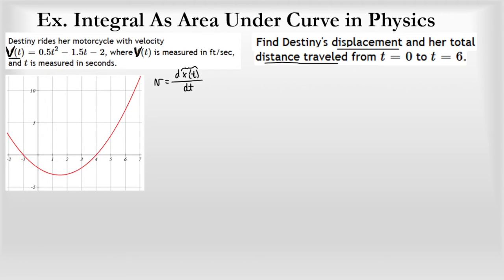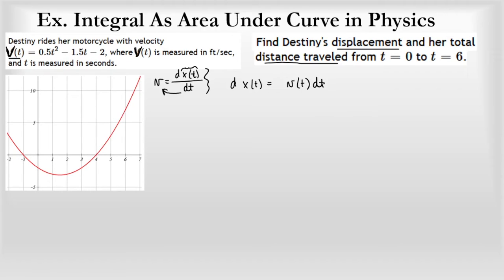So what I'm going to do with this definition of velocity is a little bit of algebra. You're not going to be surprised maybe for me to do this. I'm going to bring the dt over onto this side, and I'm going to have the derivative of x of t equals velocity dt. And notice that the velocity is a function of time as well.